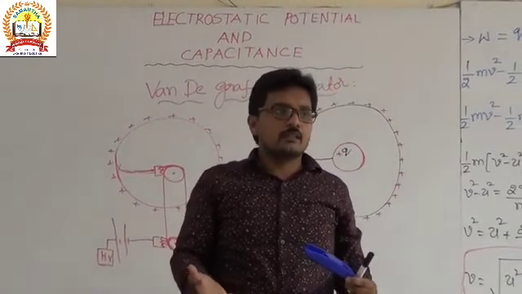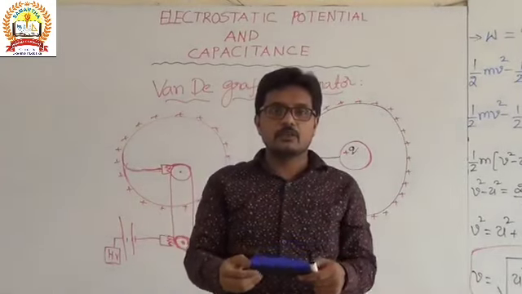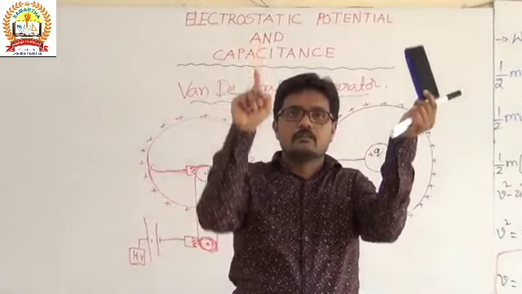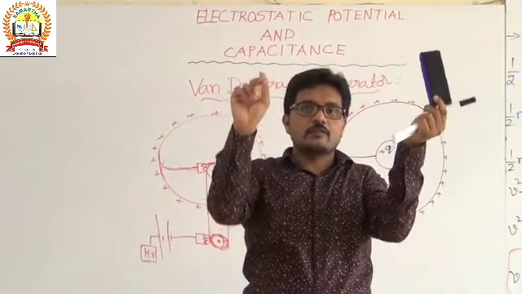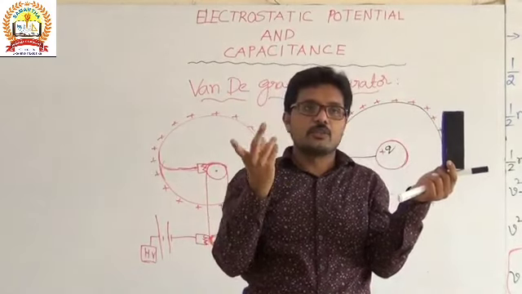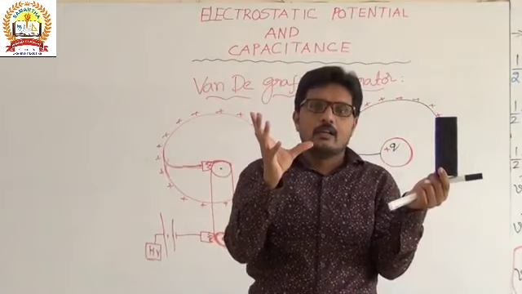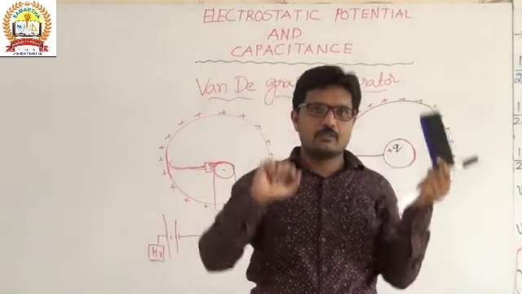If any person touches it while the voltage is passing, we can observe that their hair, which was in a curved position, becomes straight. We might observe in movies also when a person gets shocked, particularly the person's hair will be in a straight position.